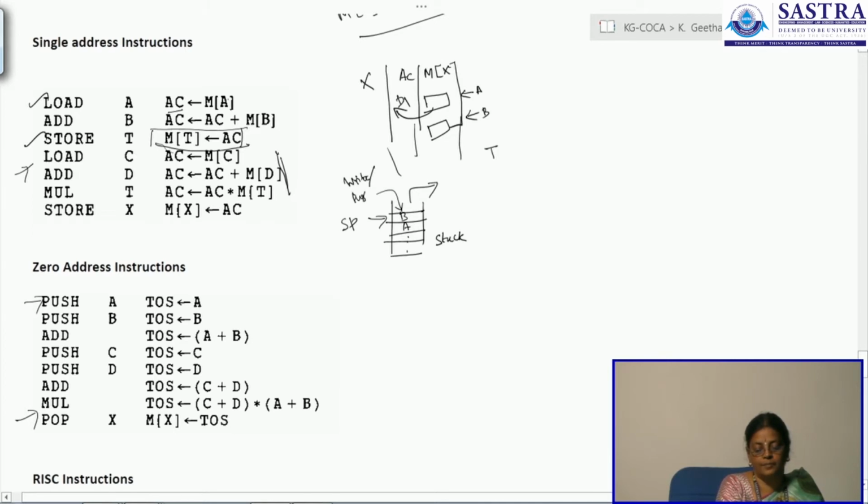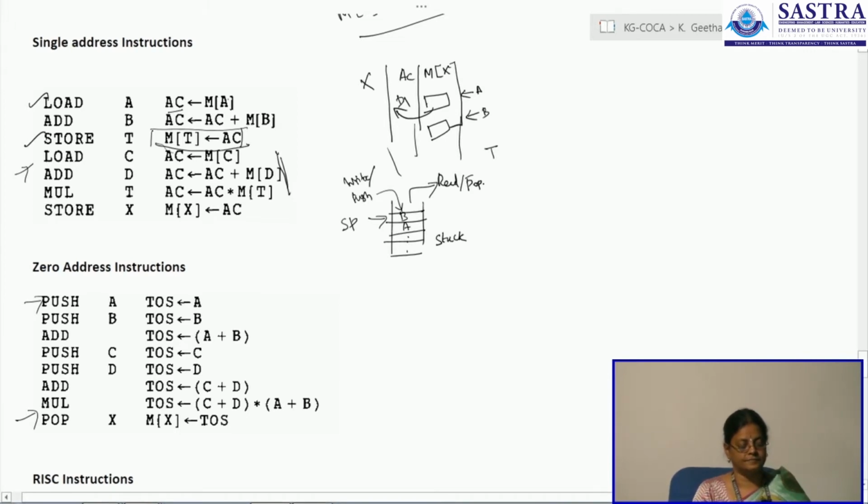I am just going to push some data into the memory. And now if you want to take out some data from the memory, it is nothing but the read operation, and it is usually done by means of pop.